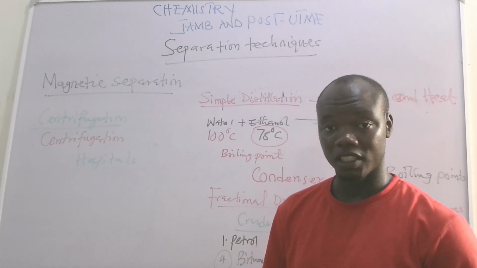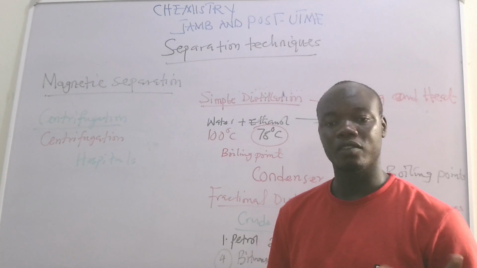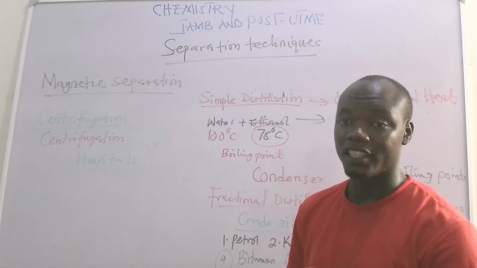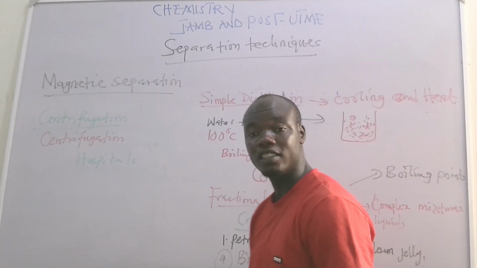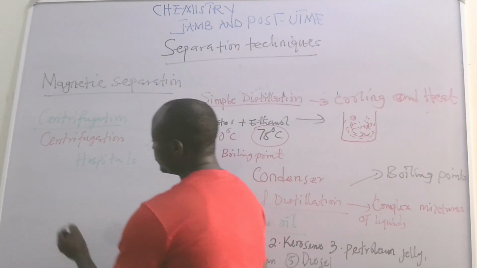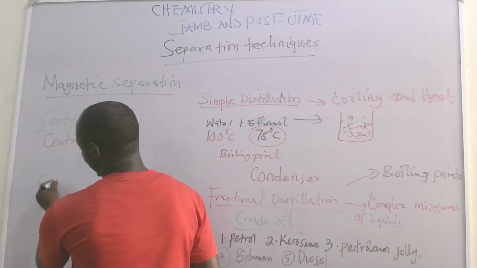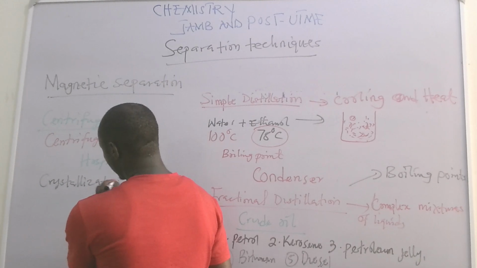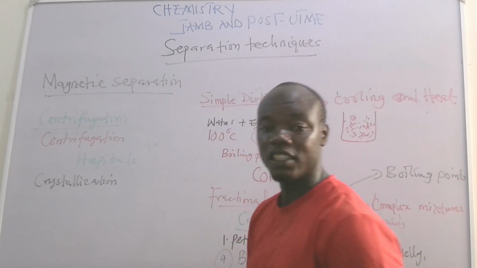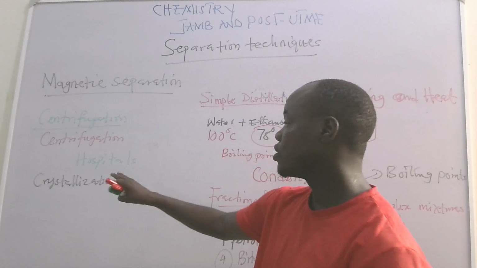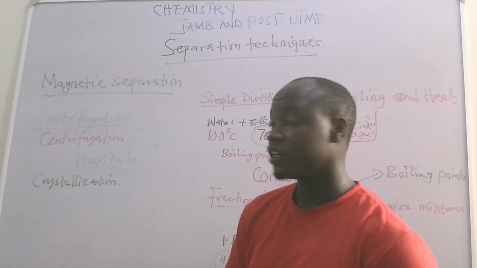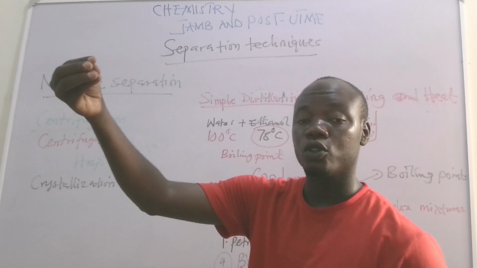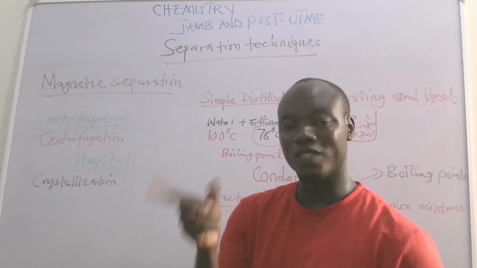So that is centrifugation. And the next one after centrifugation is crystallization. Crystallization is used to separate soluble solids from a liquid using heat.